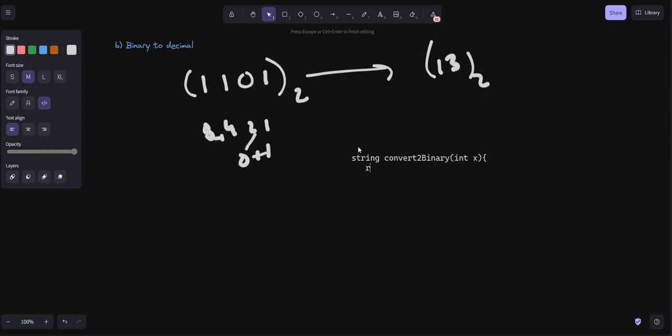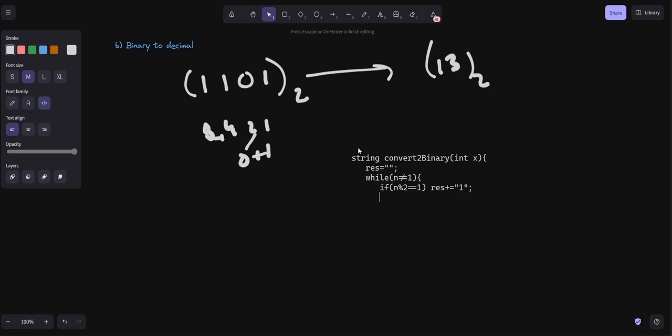So how can you convert it? Let's say I'm storing the result as a string. I'm just writing basically pseudocode, so please don't mind it. If n is not equal to 0, we need to give that case. We can say that if n is divisible, basically if n is odd, just add 1 to your res string.